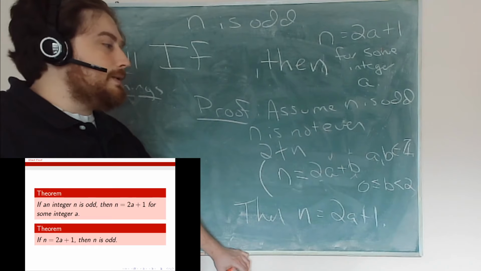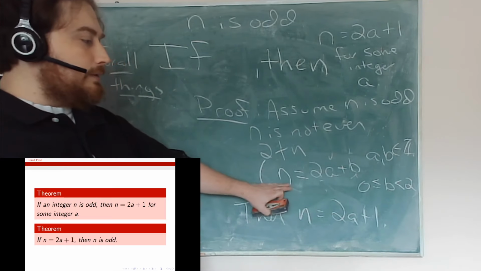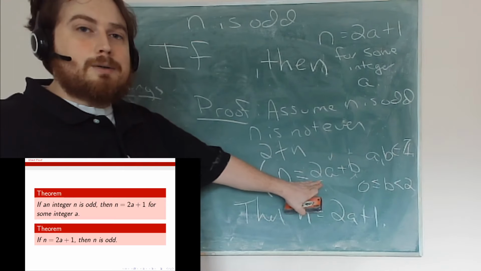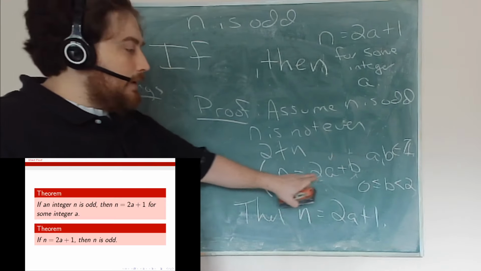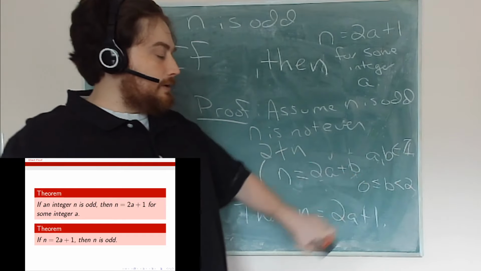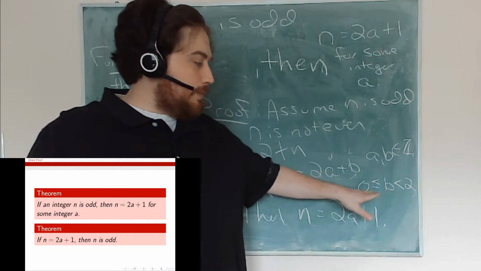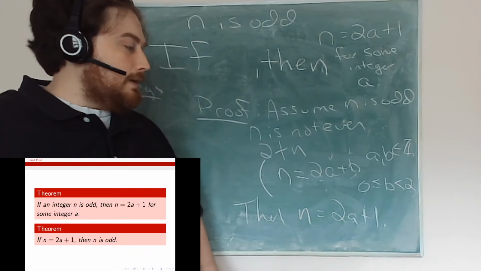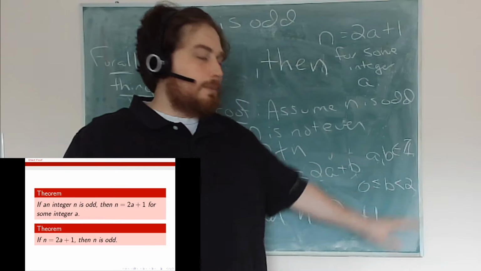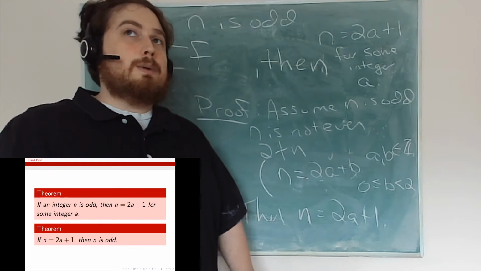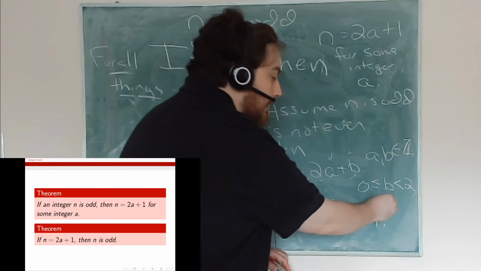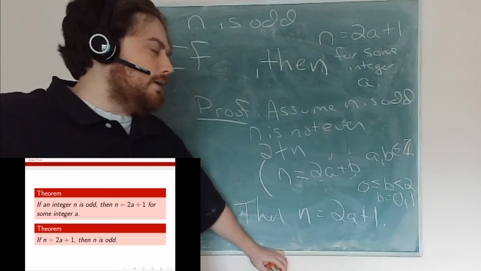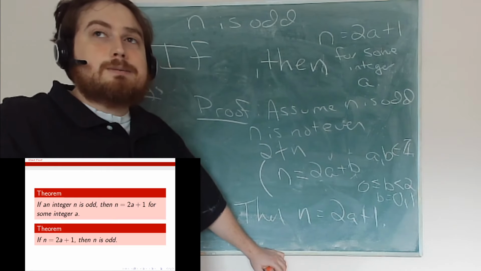All right, let's make sure we grasp what's happening here. I'm using the division algorithm, so I'm taking a number n. I know I can divide by 2 and get something of the form 2 times an integer plus an integer, where this one is between 0 and 2 because I'm dividing by 2. However, the only numbers between 0 and 2, not including 2, mean that b is either 0 or 1, because those are my only options.